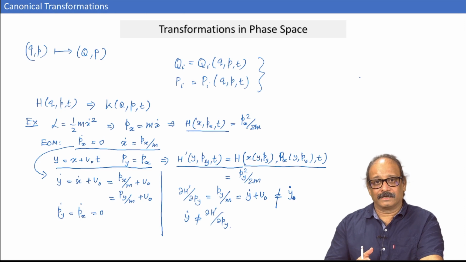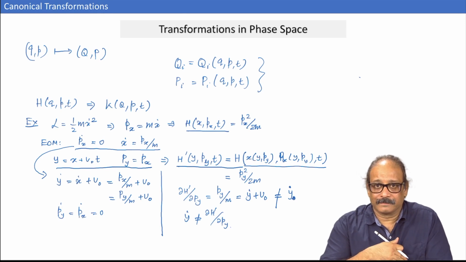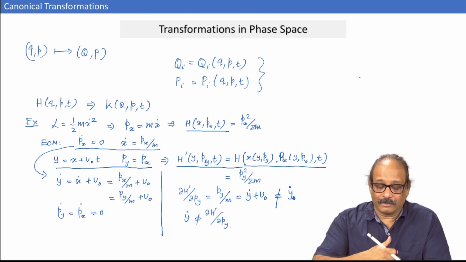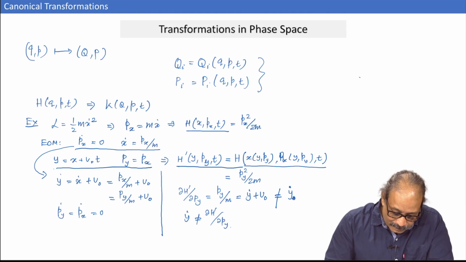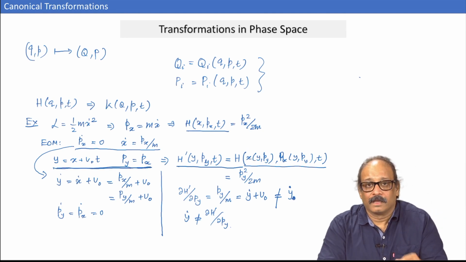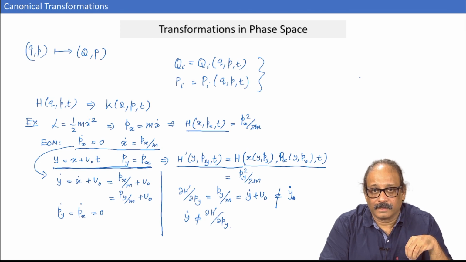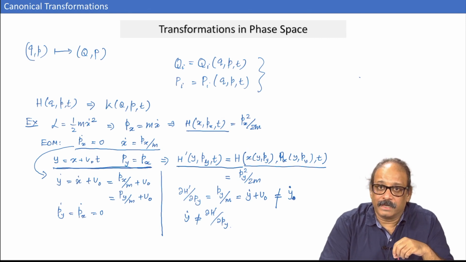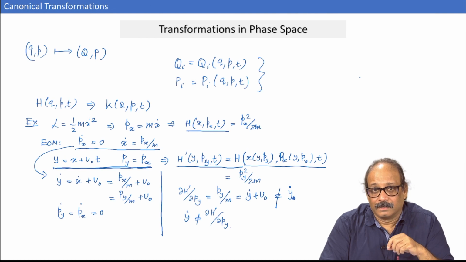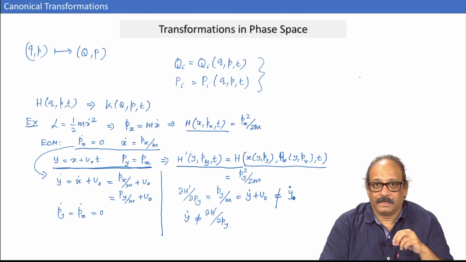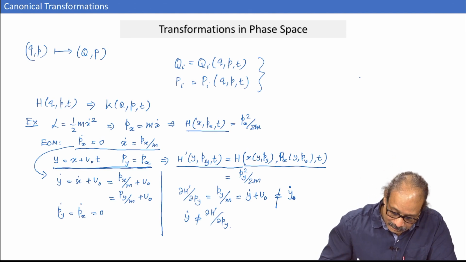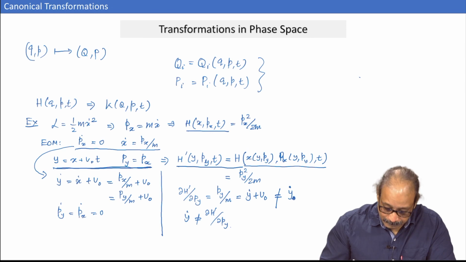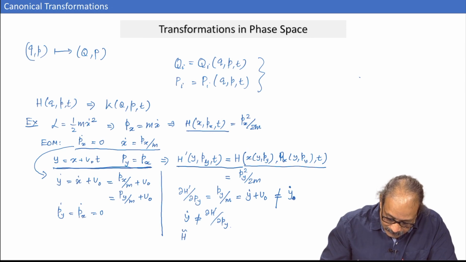One of the ways to do that is go back to your Lagrangian and recalculate. So, once you have these transformations here, you go back to the Lagrangian, and from the Lagrangian you calculate P y, that still will be equal to P x, but now calculate the Legendre transform of L tilde, and you get H tilde.